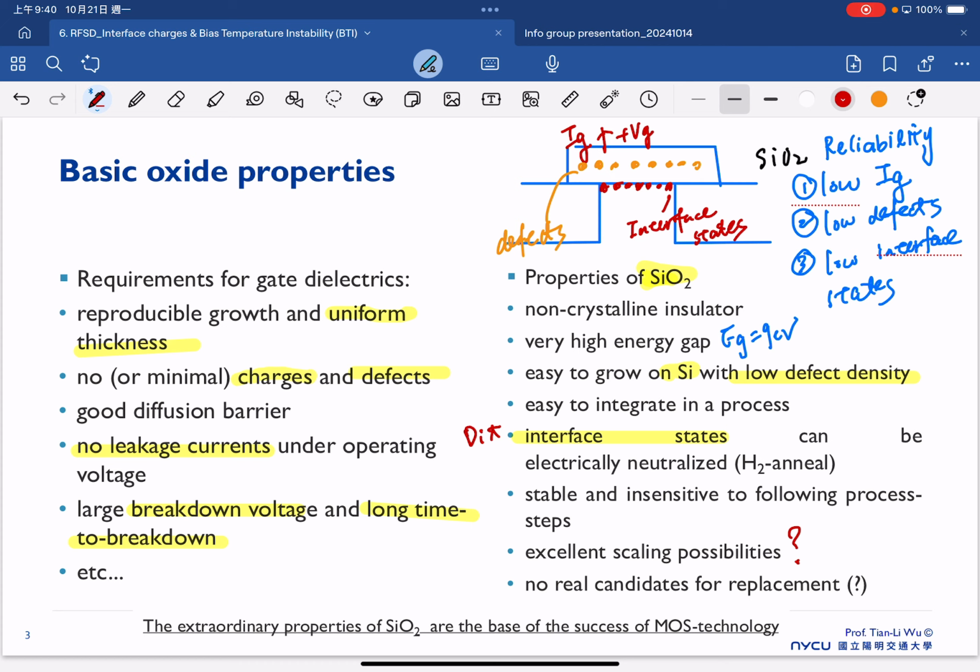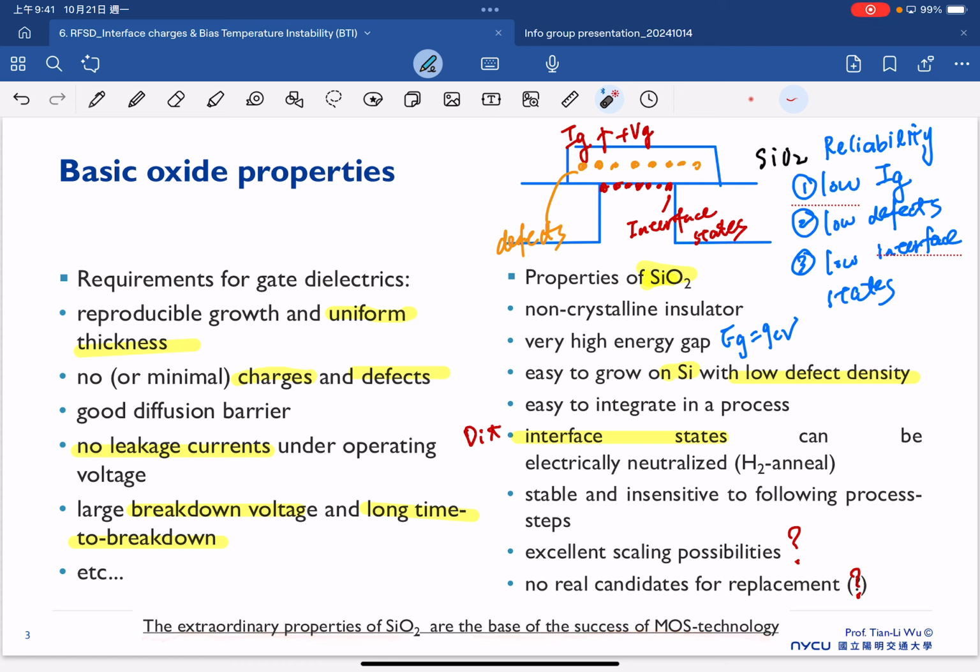Silicon dioxide now is not considered an excellent scaling possibility, and there is no real candidate for the replacement. Nowadays, we have a lot of candidates that can replace silicon dioxide for certain considerations. But in general, the extraordinary properties of silicon dioxide are the basis of the success of MOS technology.